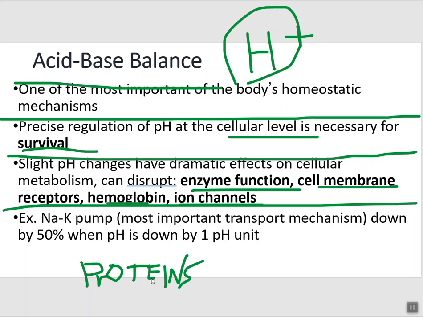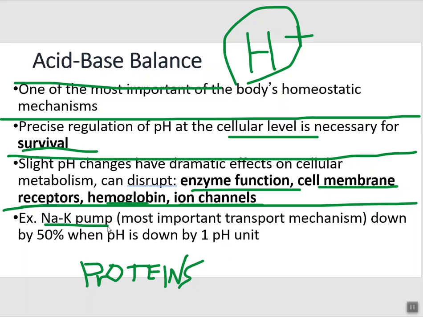If that shape changes, then it's no longer any good, any more than if somebody took a file and filed down one of the ridges on my key to my car, it will no longer function. So this is what happens. pH can cause the enzymes or the proteins to change shape and make them non-functional.